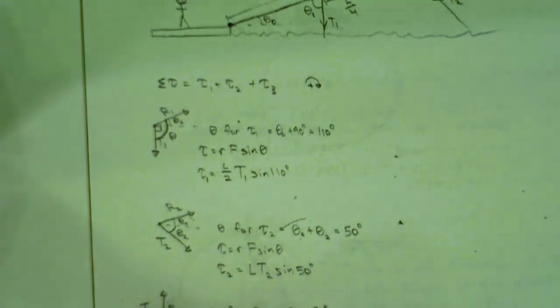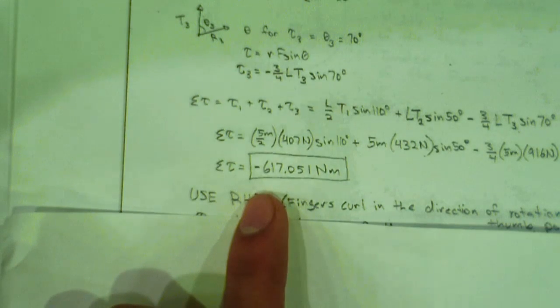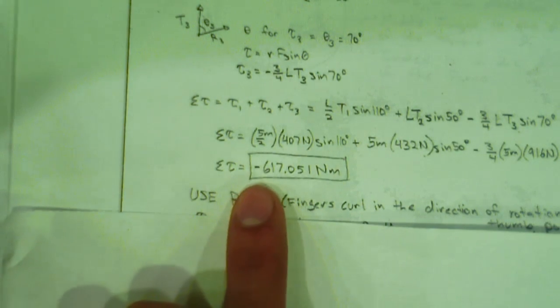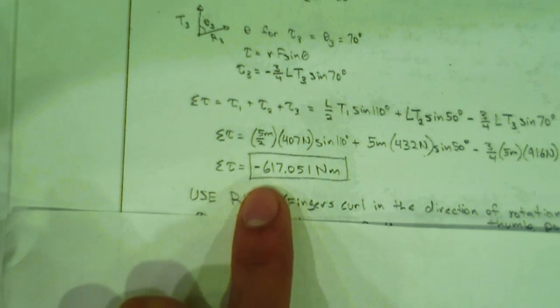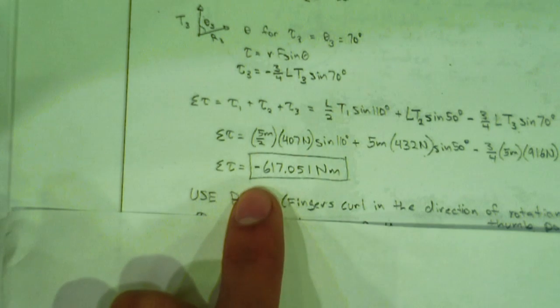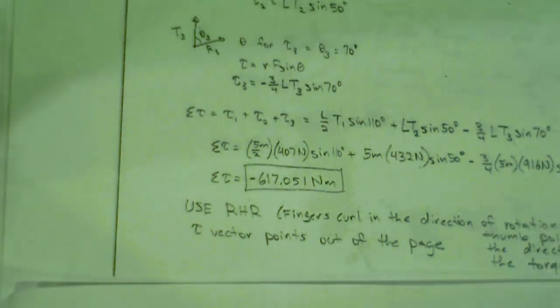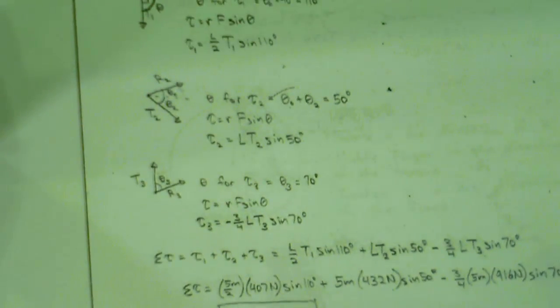So this positive is used to calculate the torques. And when you find the torque, this negative sign will tell you which way it's actually spinning. So this negative sign means that it's going counterclockwise. If I had chosen the other direction to be positive, this would be a positive number, which would also tell me that it's going counterclockwise. So either way you do it, you'll get the same analysis. And so the torque vector points out of the page. All right? Any questions on this problem?